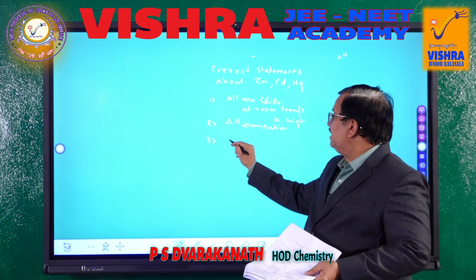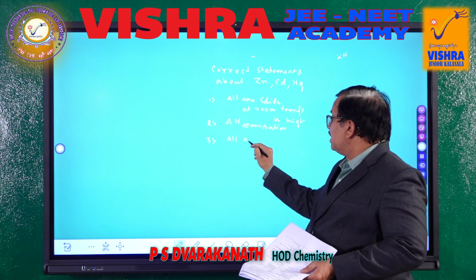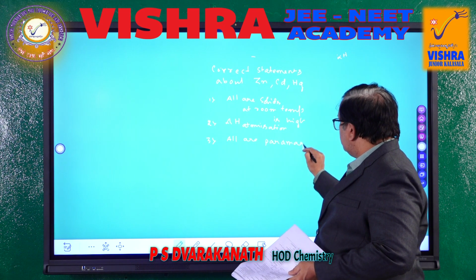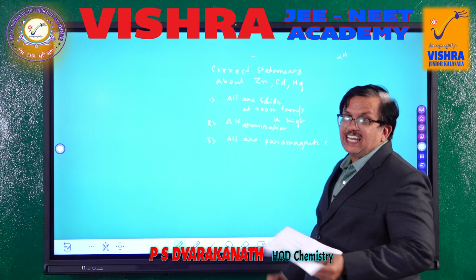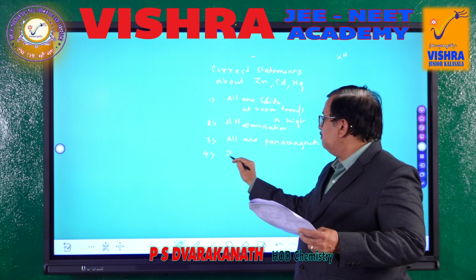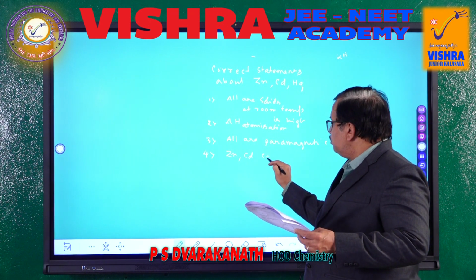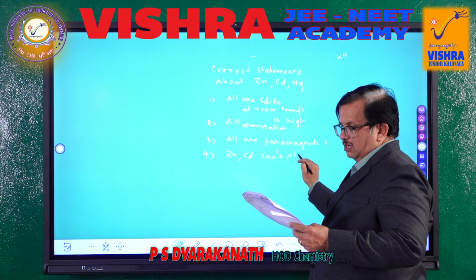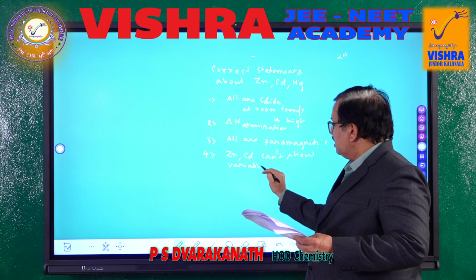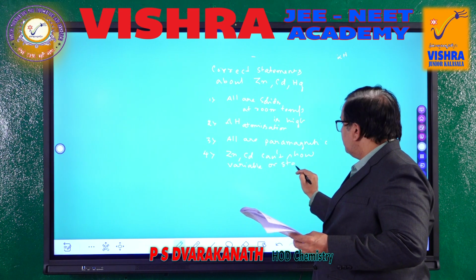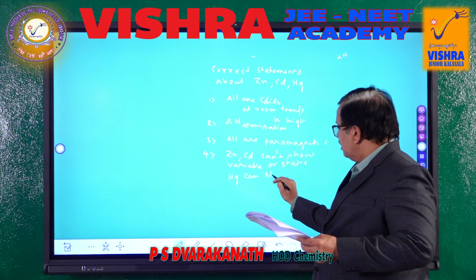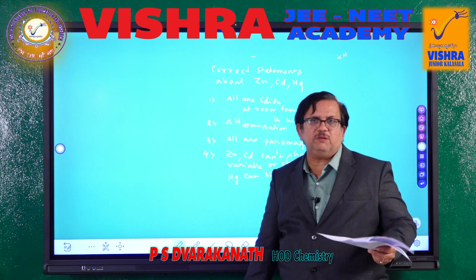All are paramagnetic. That is 3 statements. What is the question? Correct statement. The 4th one: zinc and cadmium cannot show variable oxidation state, whereas mercury can show. Okay, these are the 4 statements.